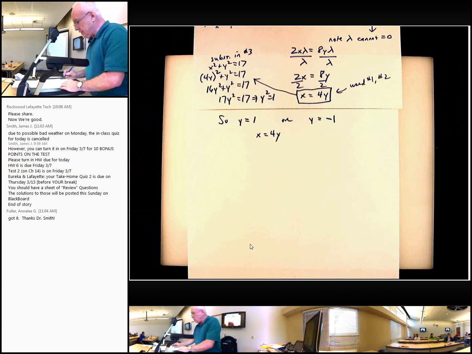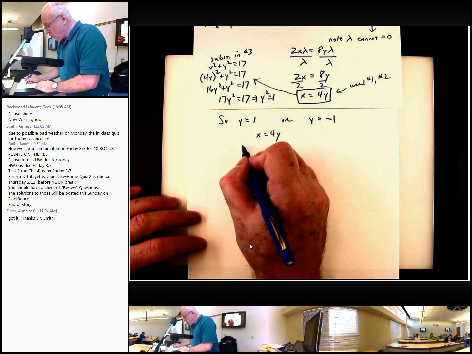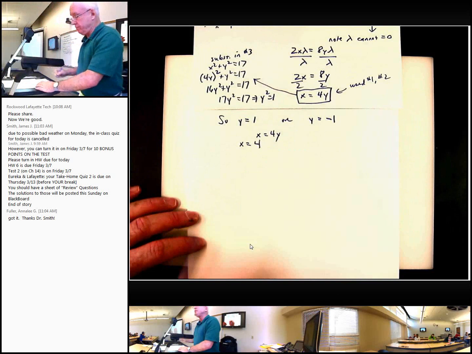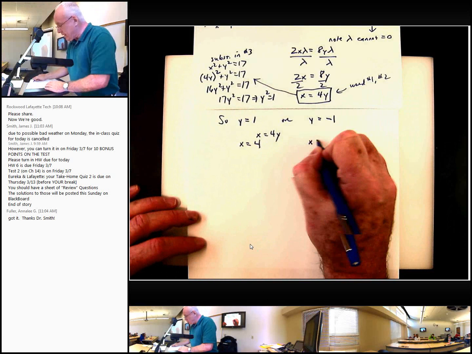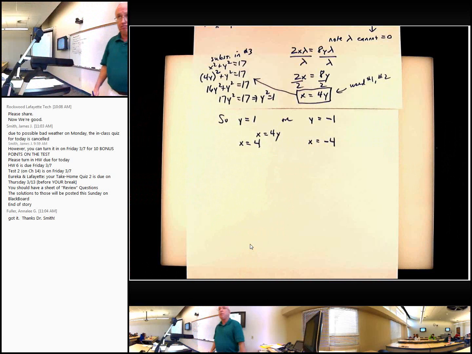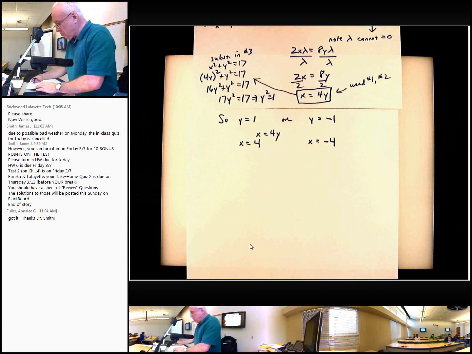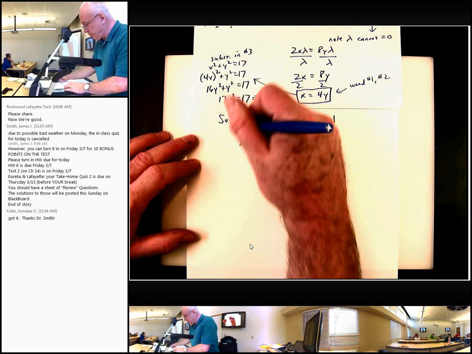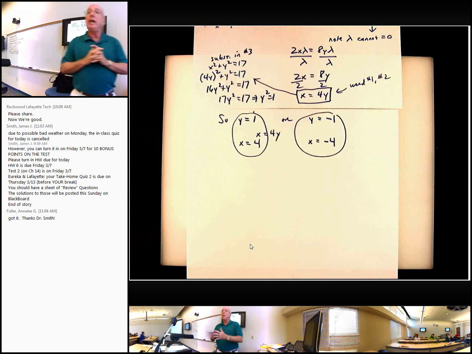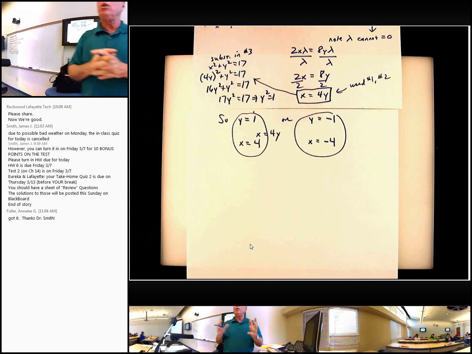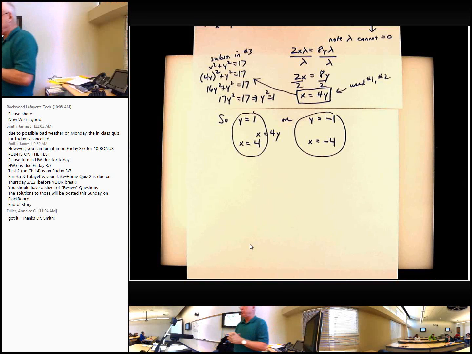So when y is equal to 1, the corresponding x is 4. When y is equal to negative 1, the corresponding x is negative 4. So these are our values, x and y pairs that we have to have by using all three of these equations.